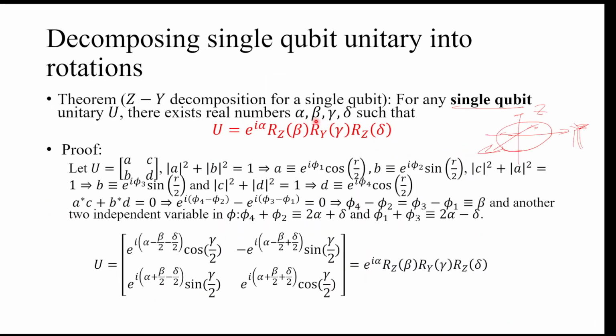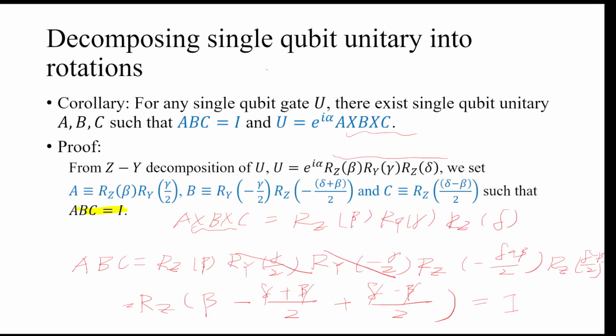Here we only have 3 rotations, but here we have 5 gates. A and B will be some combination of RZ and RY, and then we put the X gate in the middle.